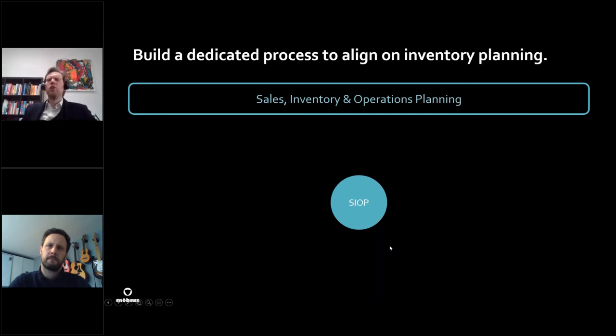And I think many of us know sales and operations planning as a general process that looks at capacity requirements, etc. But I think you can reuse that same logic of balancing, looking at what happens in the market, what do I have in terms of constraints, to take inventory decisions and then come to some kind of a sales inventory and operations planning.